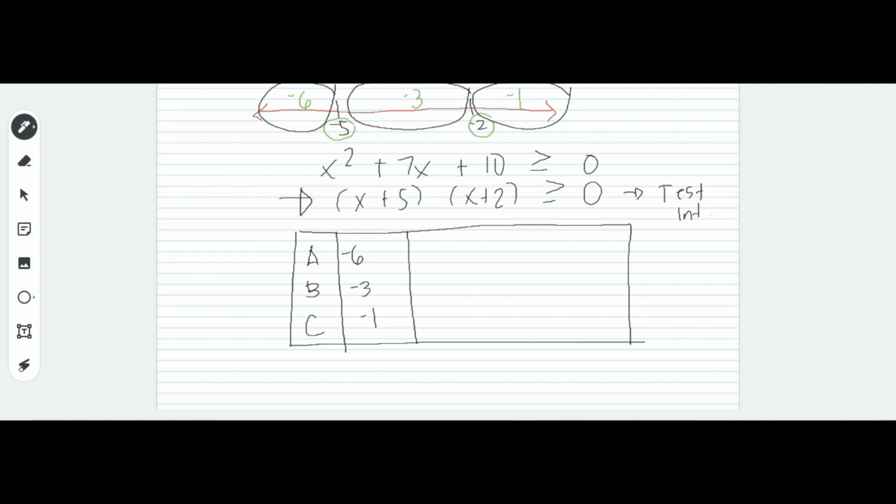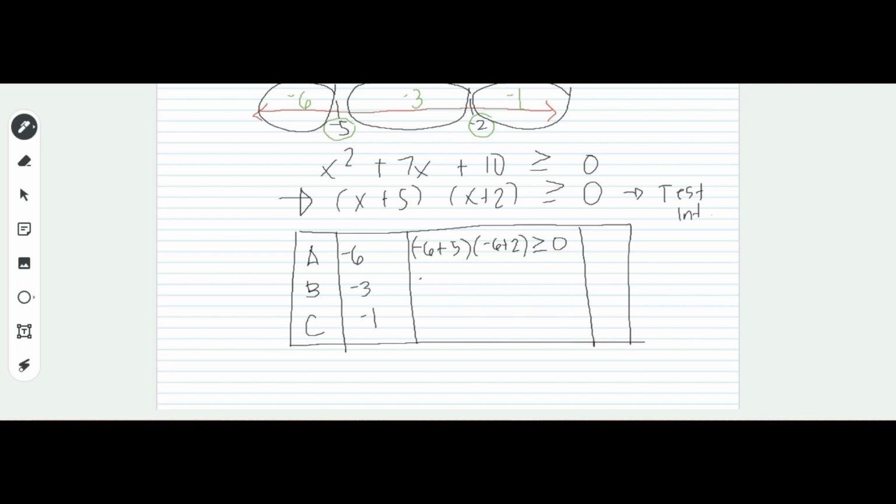So, we will just substitute your test number to your test interval. So, that will be negative 6 plus 5, and then multiply to negative 6 plus 2. Is it greater than or equal to 0? So, you will write the result here if it's true or false later on. So, let's just substitute everything.